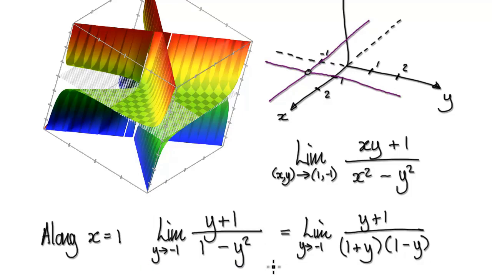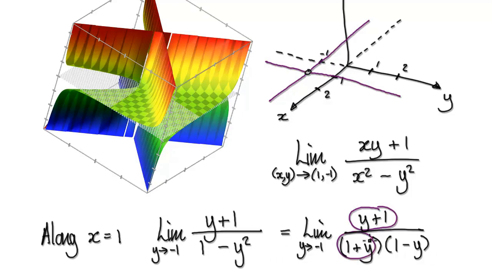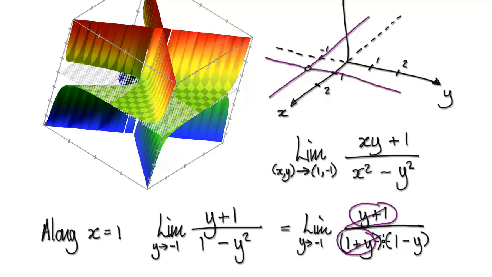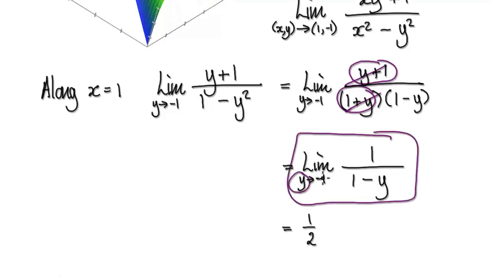Now the minute you can spot this difference of 2 squares, you immediately jump to this, and then you can see that these two will cancel each other out. That will then give you this, and then as y approaches -1, this whole thing will be positive a half. So along x equals 1, the limit is positive a half.